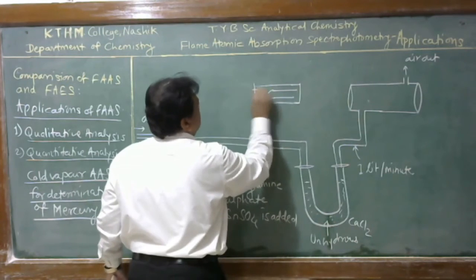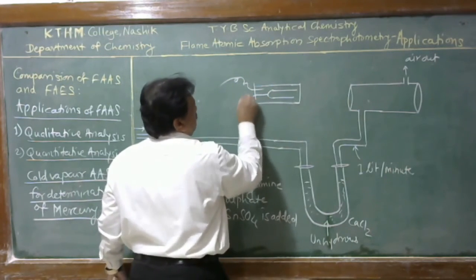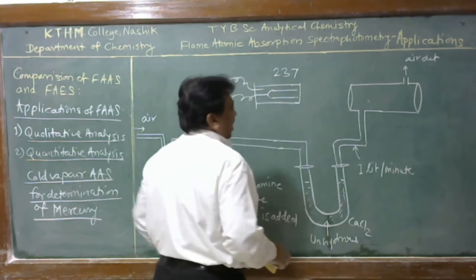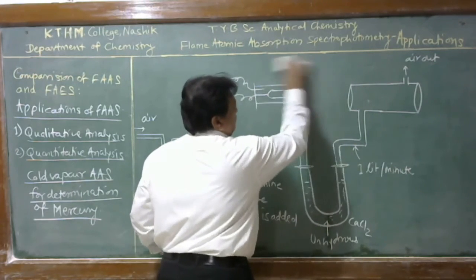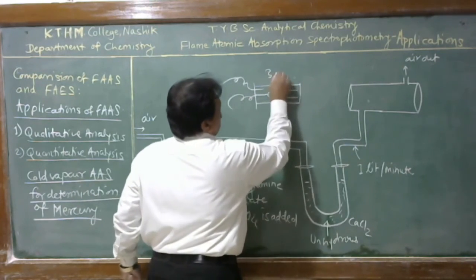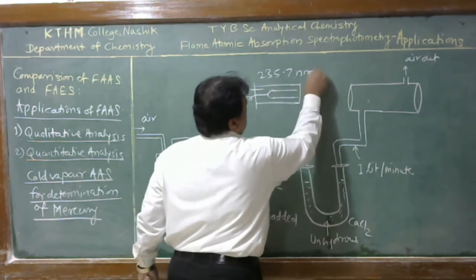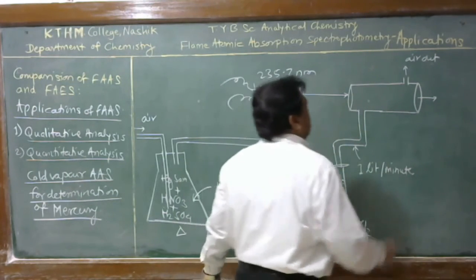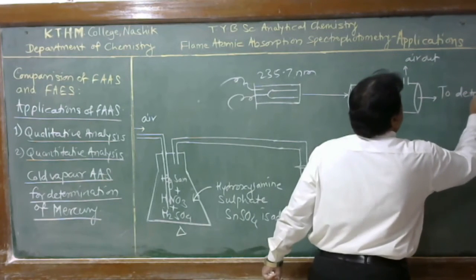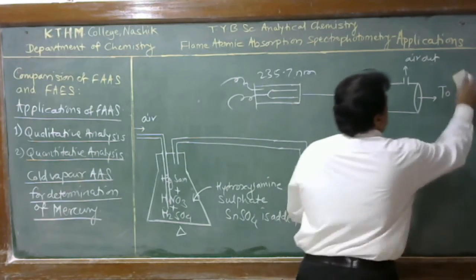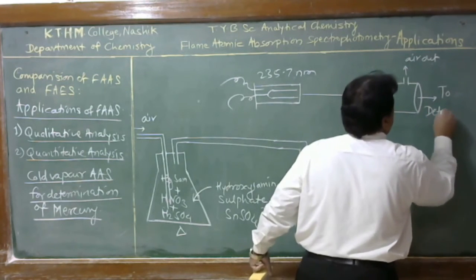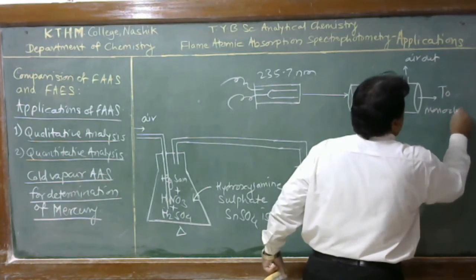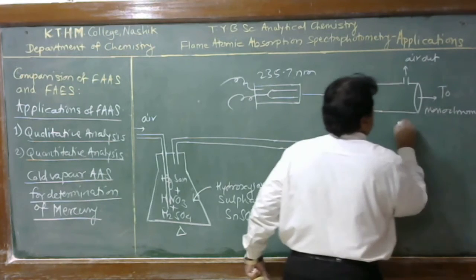This hollow cathode lamp gives a line 235.7 nanometer, which is the absorption line of mercury, to the monochromator and detector.